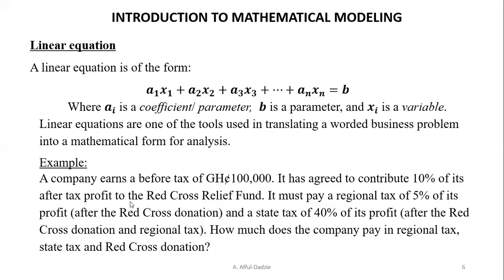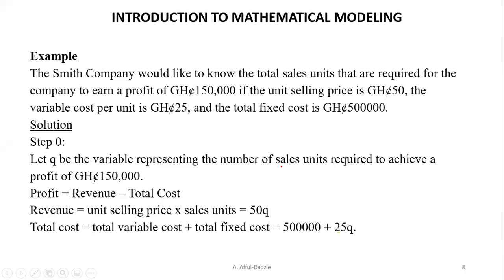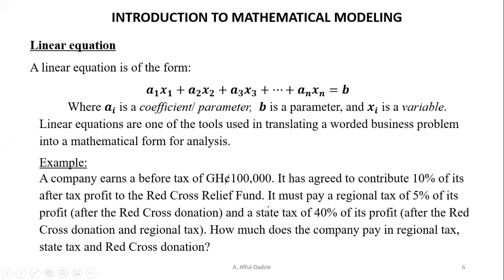So let's look at an example here again, and let's see how you guys will think about it. A company earns a before tax of 100,000. So this is their income before they are taxed.